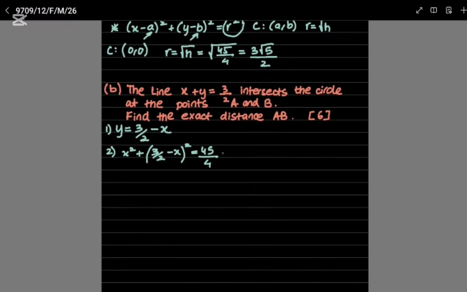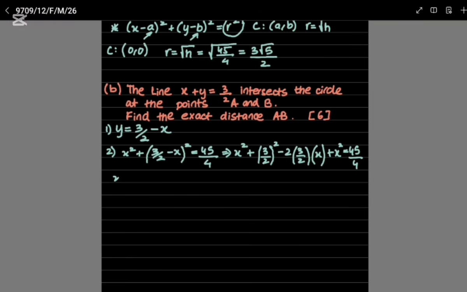Now expand this, which can further be written as x squared plus, okay, a squared, so 3 over 2 whole squared. Let's do this step by step. Minus 2ab, 2 times 3 over 2 times b, which is x, plus b squared, which is x squared, is equal to 45 over 4.